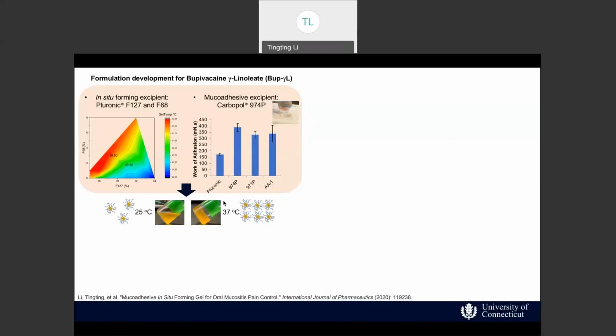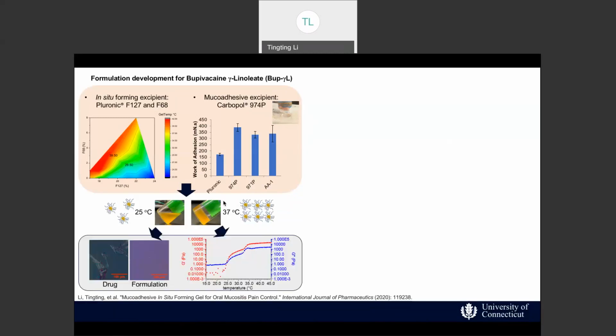At a room temperature of 25 degrees C, the Pluronics form micelles in the system, and these micelles are randomly distributed and mostly free-flowing, making the formulation also free-flowing. However, when the temperature slowly increases, more and more Pluronic micelles are generated in the system, and at the gelation temperature, there are so many micelles in the system that they closely pack with each other to form a solid gel. So that's the mechanism of the in situ gel formation.